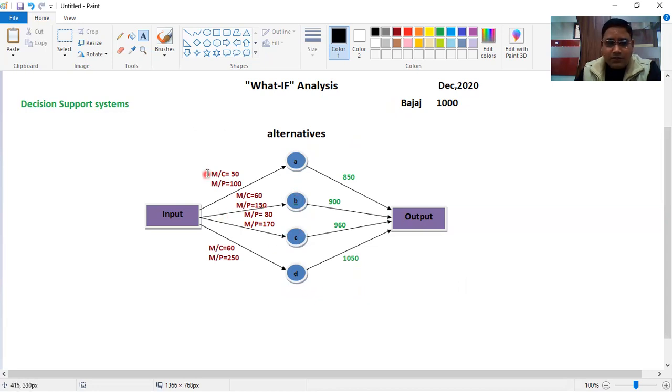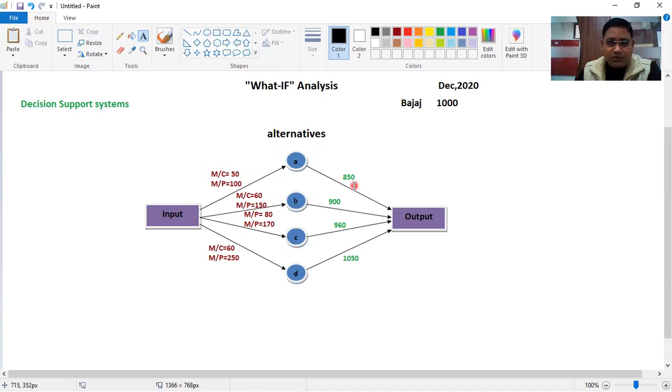Let us suppose they have machines, MC denotes machine, let us suppose they have 50 machines, and manpower they have 100. With this combination, alternative A, they can manufacture 850 bikes in a month.